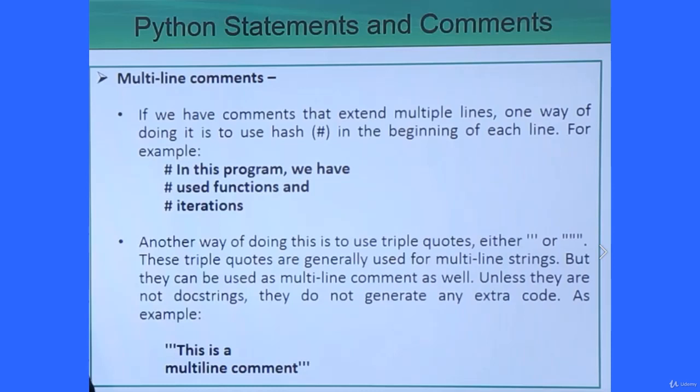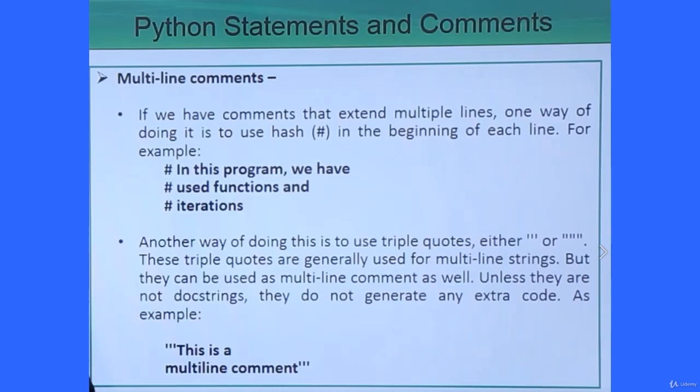Another way of doing this is to use triple quotes, either triple single quotes or double quotes three times. These triple quotes are generally used for multi-line strings, but they can be used as multi-line comments as well, unless they are a doc string. What a doc string is will come in the next slide. And they do not generate any extra code.